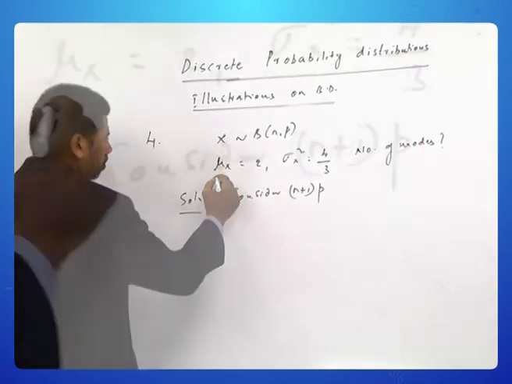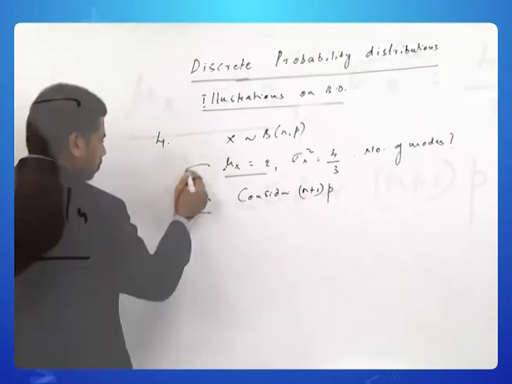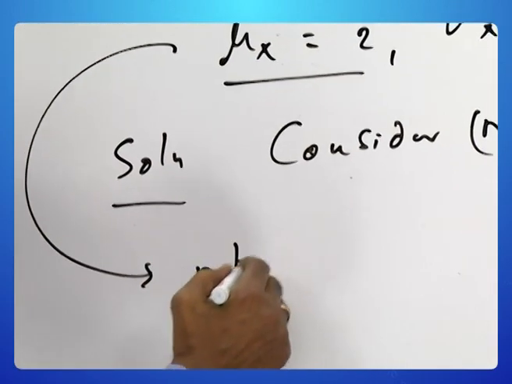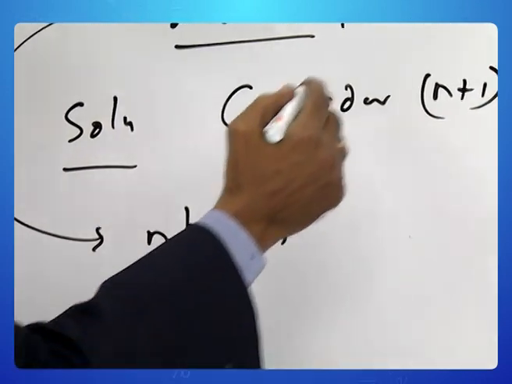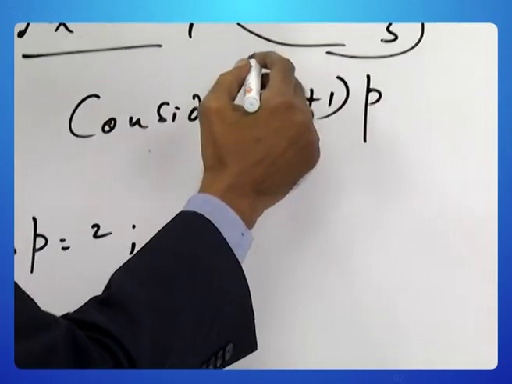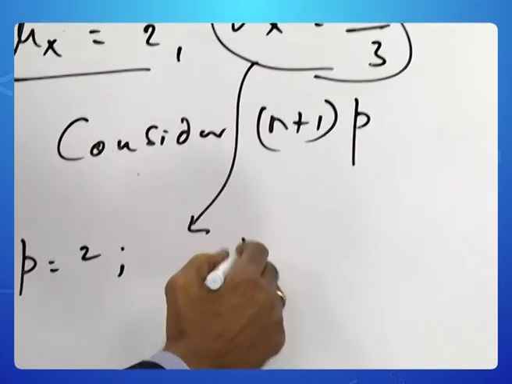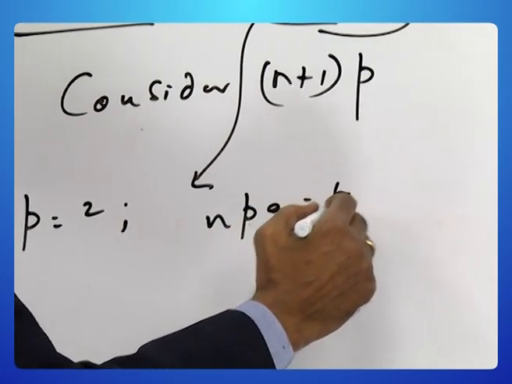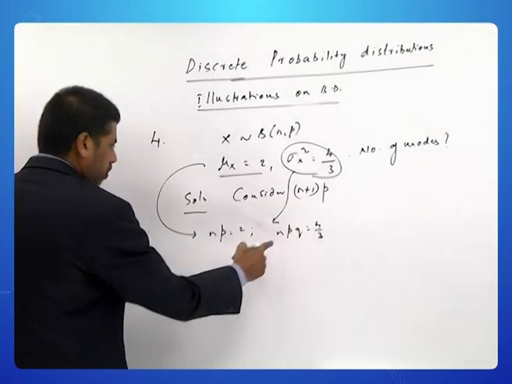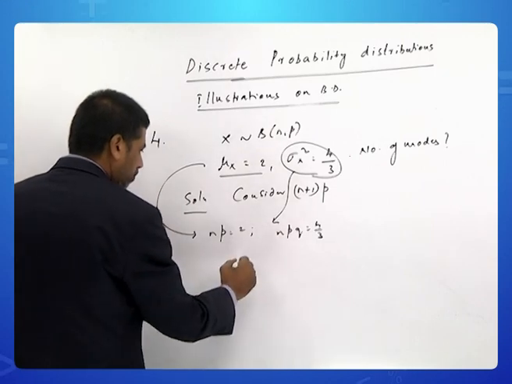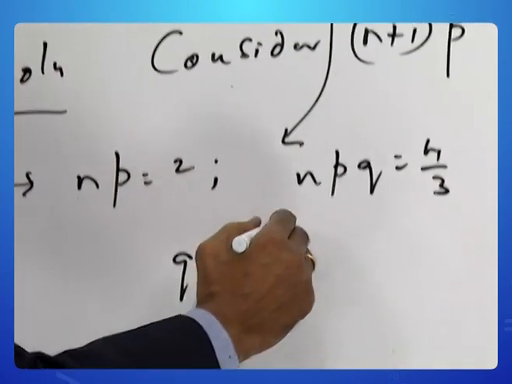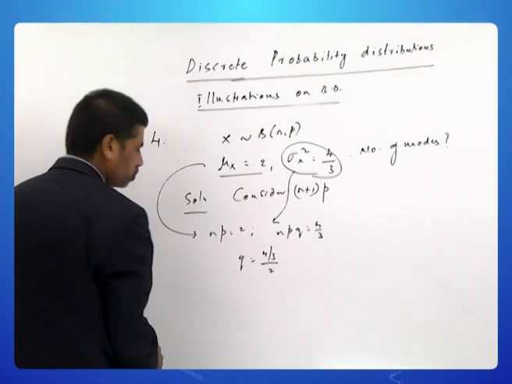So, given mean is equal to 2, we can say np is equal to 2, and from the variance, npq is equal to 4 by 3. So npq divided by np will give us q is equal to 4 by 3 divided by 2.